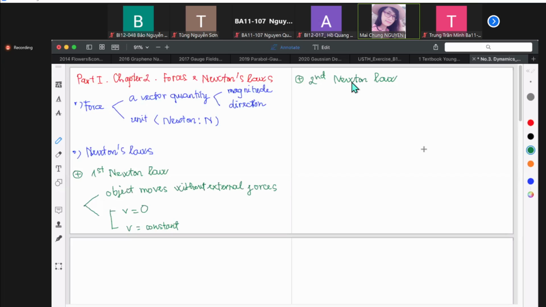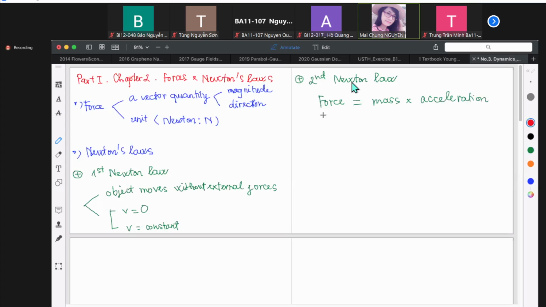So the content of the second Newton law is that the force acting on the object is related to the mass of the object multiplied by its acceleration, right?